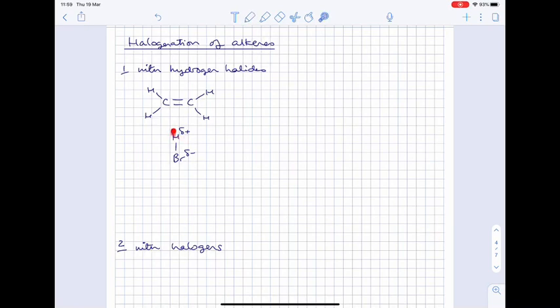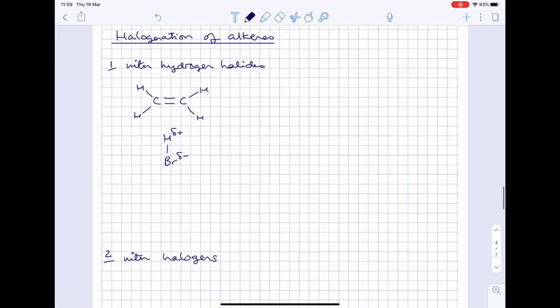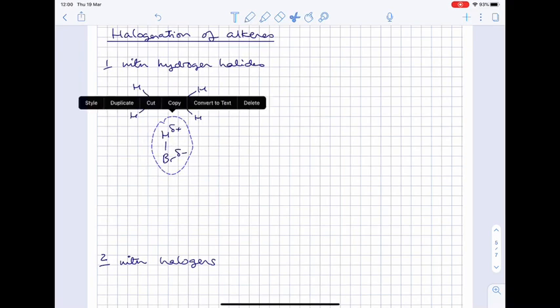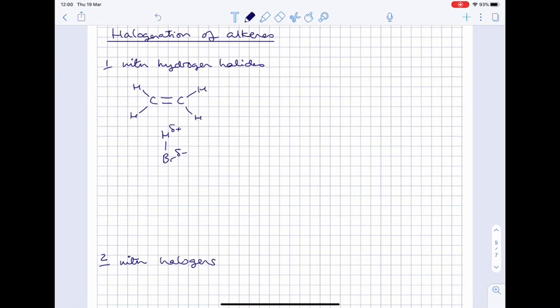This is revision again, and the partial positive hydrogen will be attracted to the electron-rich double bond. There's a pi bond and a sigma bond in the double bond, and as this hydrogen bromide approaches the double bond, the electrons can transfer from the pi bond to the partial positive hydrogen.